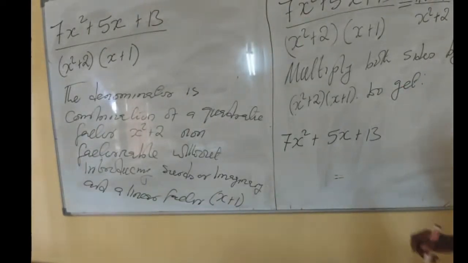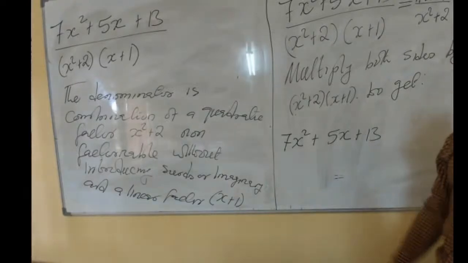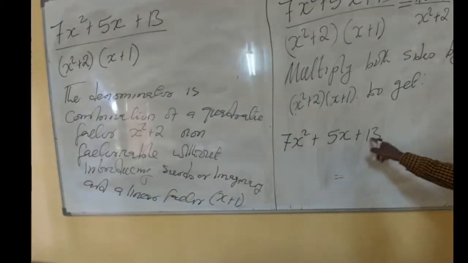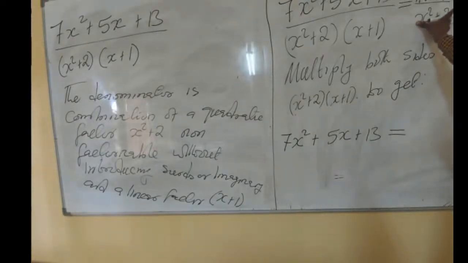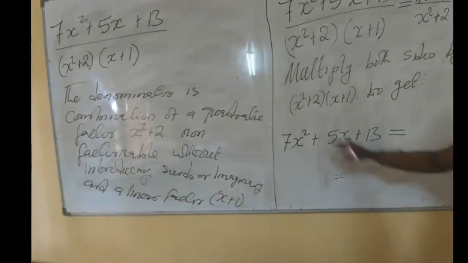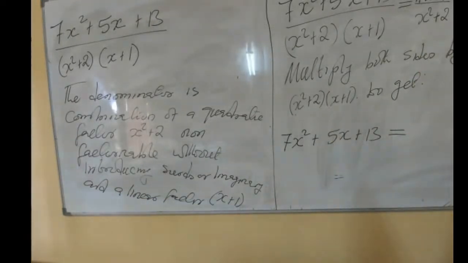So when you multiply both sides, on the left hand side we have 7x squared plus 5x plus 13. On the right hand side, if we multiply ax plus b divided by x squared plus 2 by x squared plus 2 times x plus 1, the x squared plus 2 will cancel the denominator.